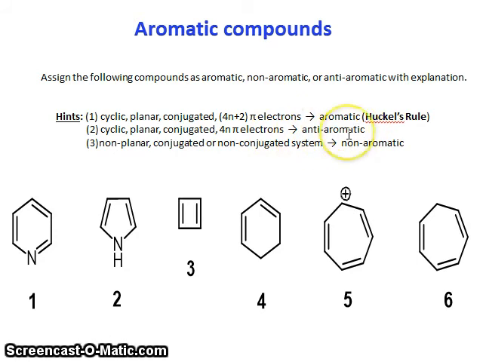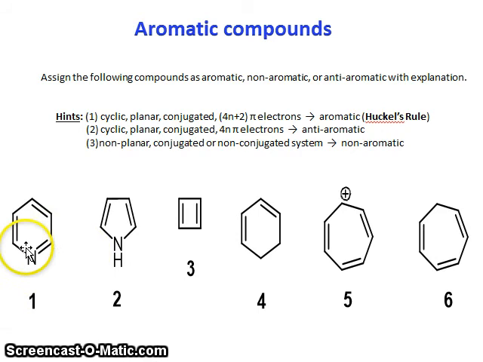Anti-aromatic means the qualities or the properties that aromatic compounds show, they show the opposite. And any other compound that doesn't follow all these parameters, let's say non-planar or non-conjugated, will be considered as non-aromatic.